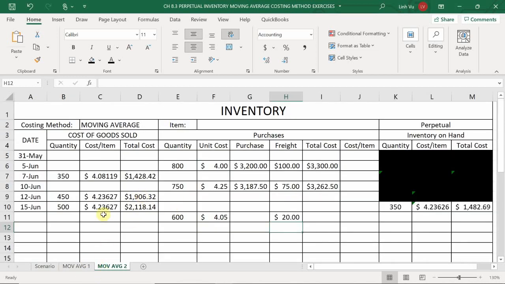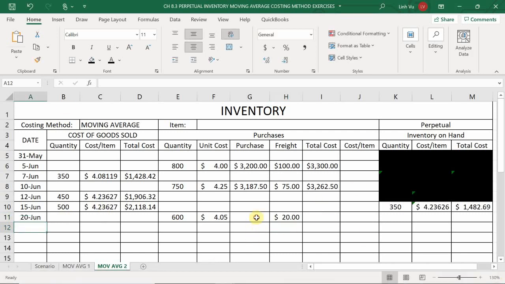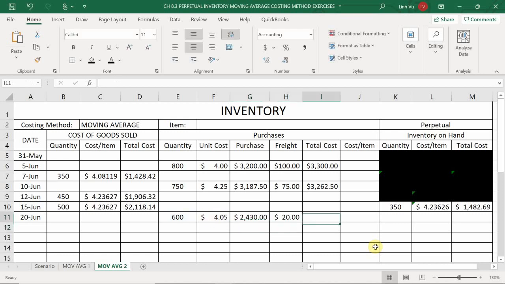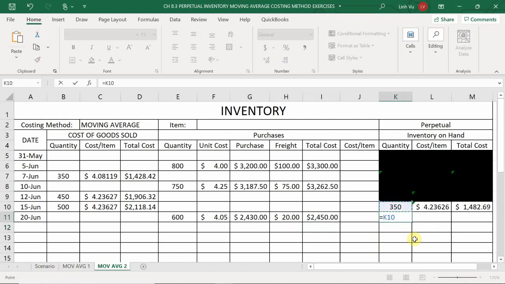Okay? So what is my new purchase price? 2,430. Okay? Plus my $20 of freight. Okay? So then what's my new total quantity? 950. Right? 950.